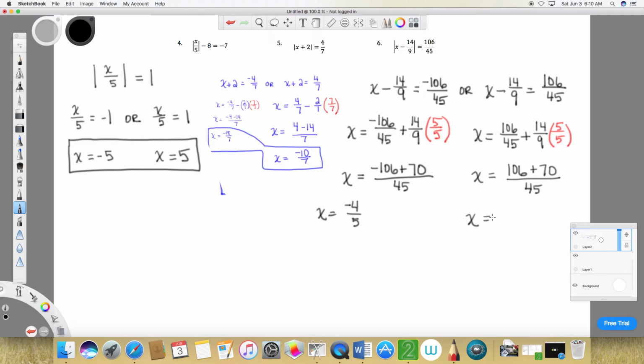So 106 plus 70 gets me 176, divided by 45. Let's see if that reduces, and I don't think it does. All right, so there's our two values there.